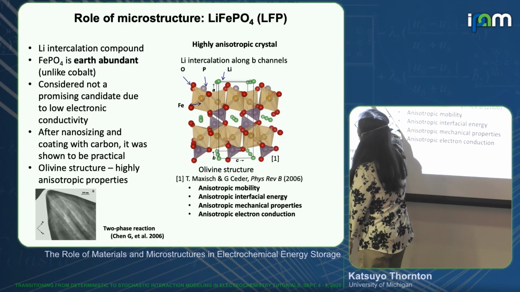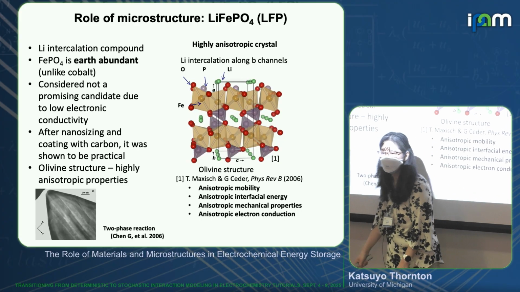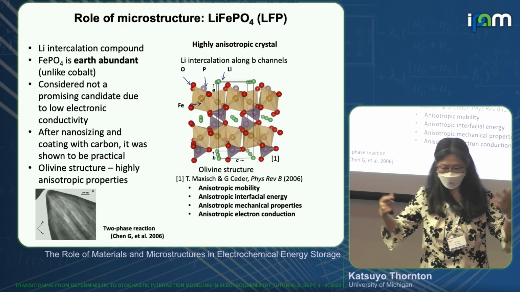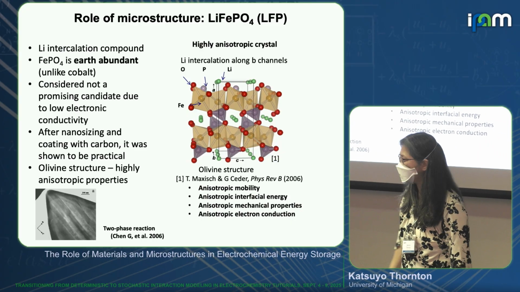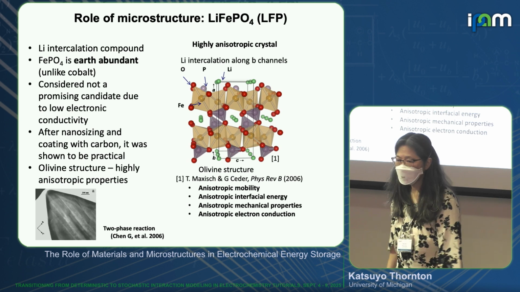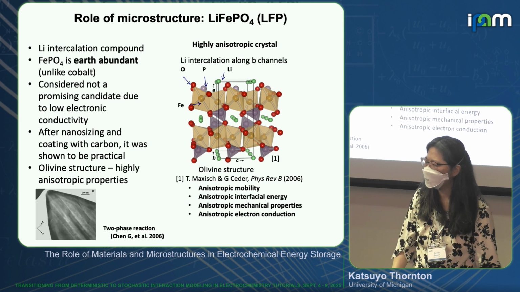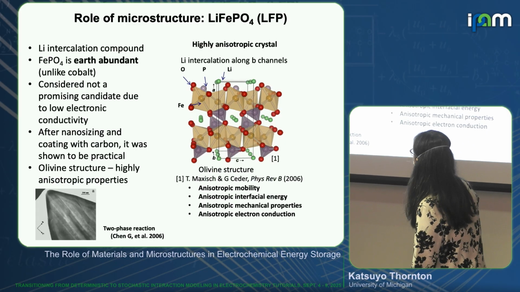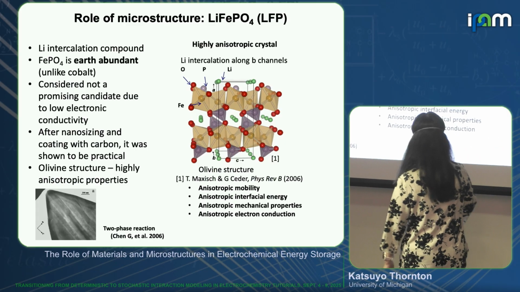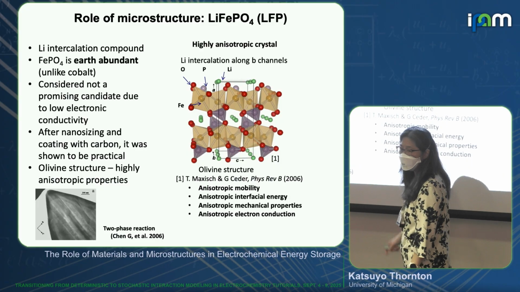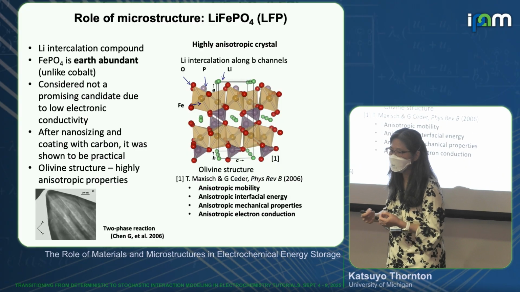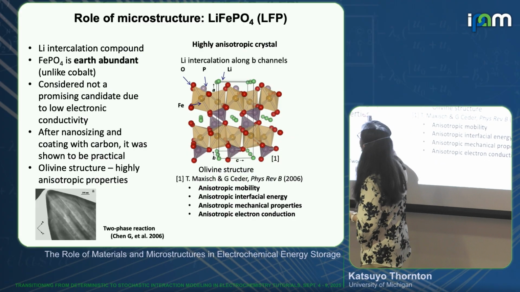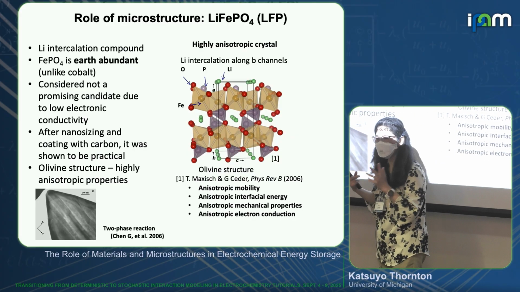But what people thought in the 70s when they were looking at different materials was that this was a really terrible material for rechargeable batteries, because first of all, electrical conductivity is really low. That means how do you get the electrons there? And it's also a two-phase material.